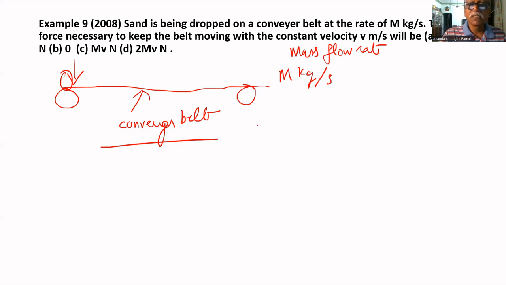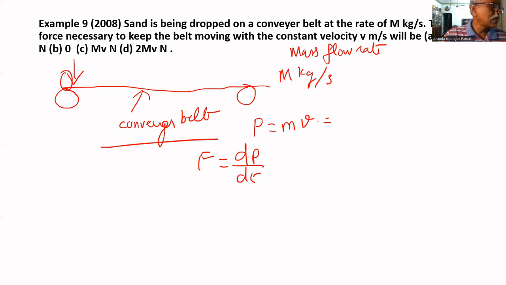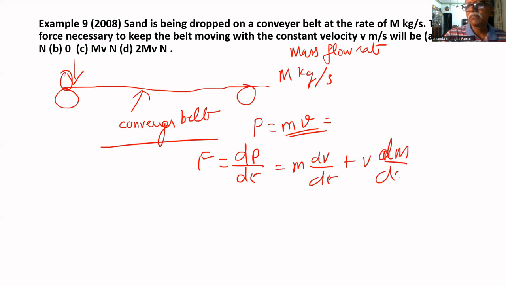We know that momentum P equal to mv, and force equal to dp by dt. If you differentiate this with respect to time, that is m into dv by dt plus v into dm by dt.